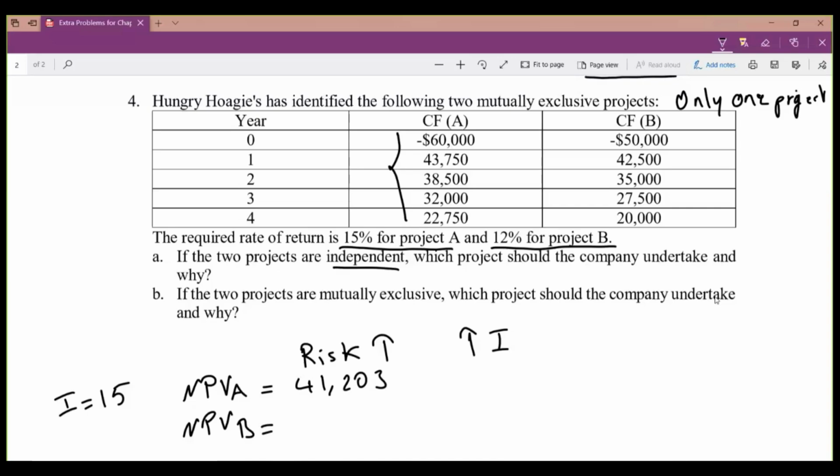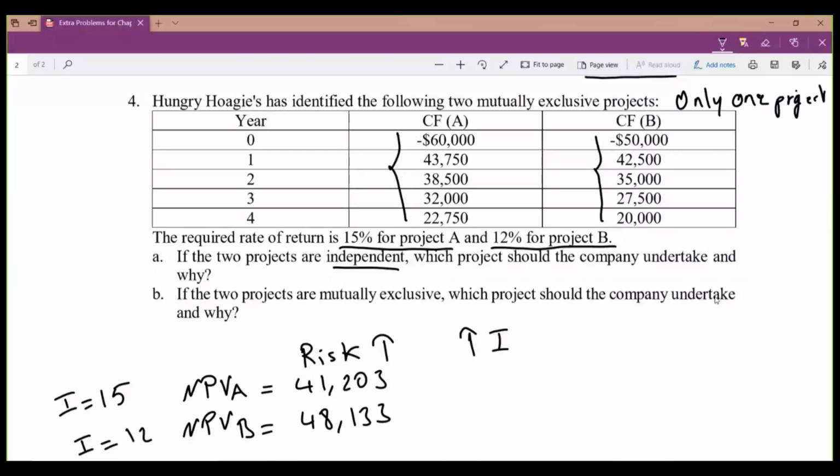For project B, I also enter all of those cash flows into my financial calculator. However, now I use I equals 12 and I compute NPV. NPV in this case is $48,133.